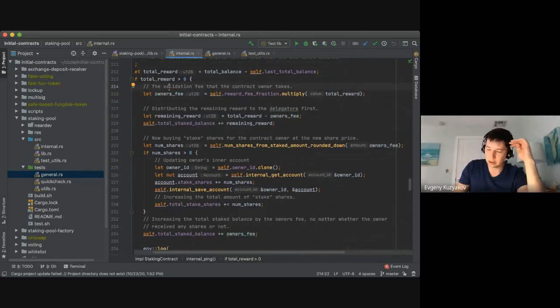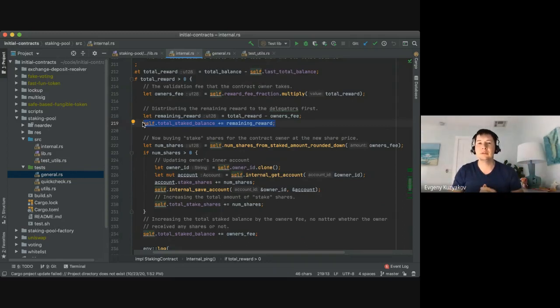But because all the logic has to be in shares, essentially the owner of the staking pool purchases shares at the price post reward distribution to the rest of the delegators. And this is the number of shares that the owner will receive as a compensation for running the staking pool.